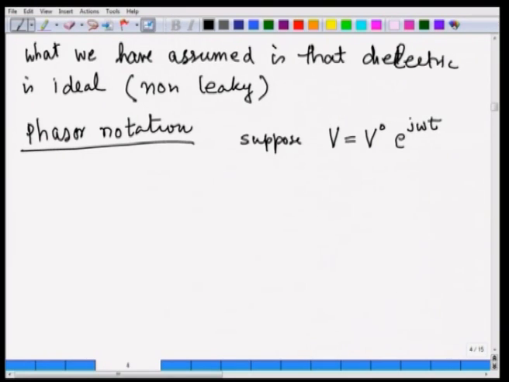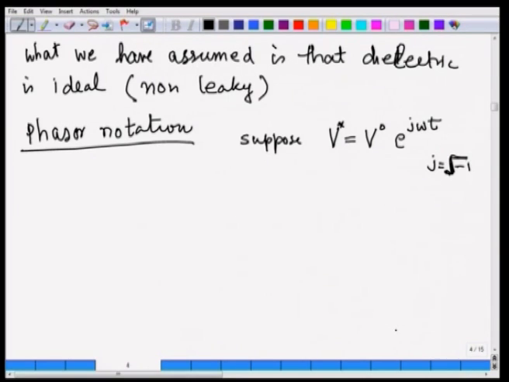That is the voltage we have applied. What is j? j is root minus 1. Some people prefer to use i instead of j. My preference is for j, but don't be confused, it is the same thing. Remember, this will lead to a complex number, and this indeed is a complex number.